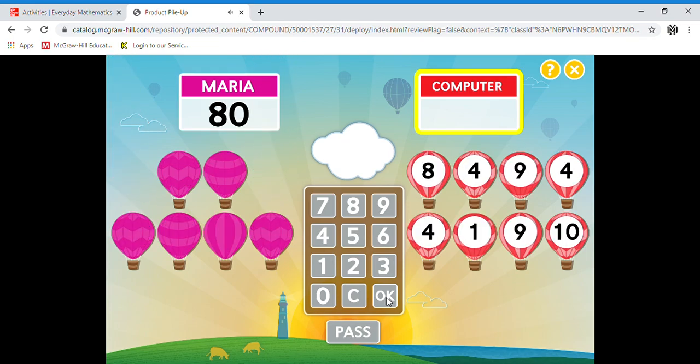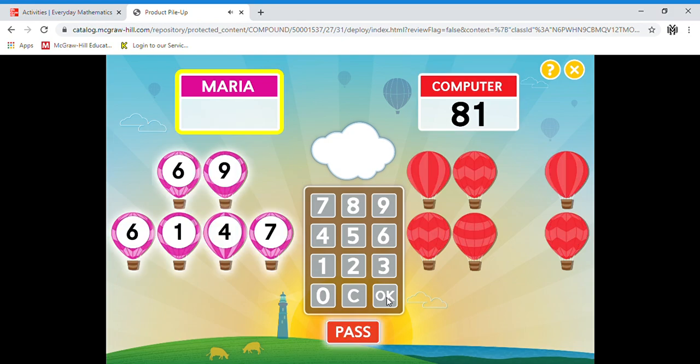Now it's the computer's turn. And then you would continue the game by picking different factors to multiply. You type in the product, and your goal is to get rid of the balloons. So this is a fun game that'll help you really with your math facts.